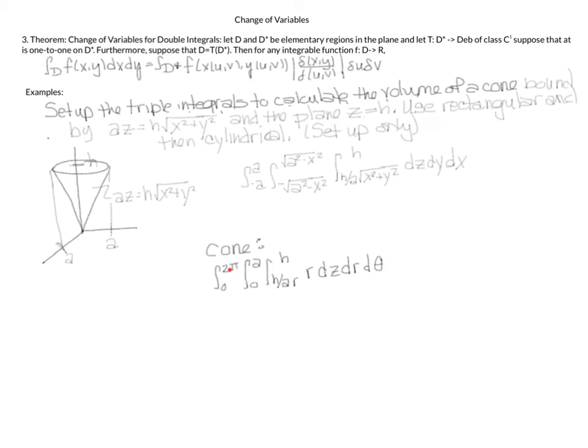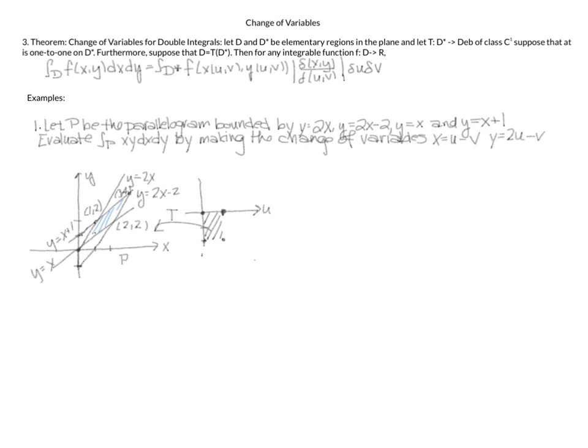Theta goes between 0 to 2 pi, r goes from 0 to a, z then goes, again, from the edge of the cone to h. And the edge of the cone here is h over a, and then this square root of x squared plus y squared is equal to r. So this is how we would set up this integral in polar coordinates, cylindrical coordinates.